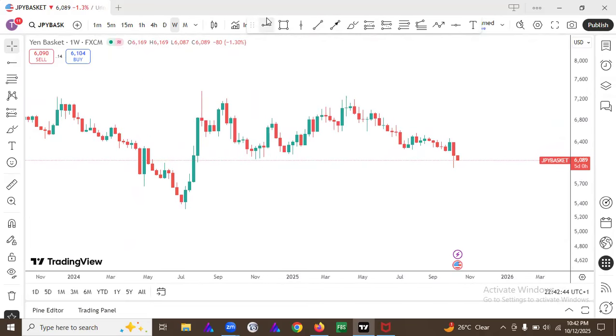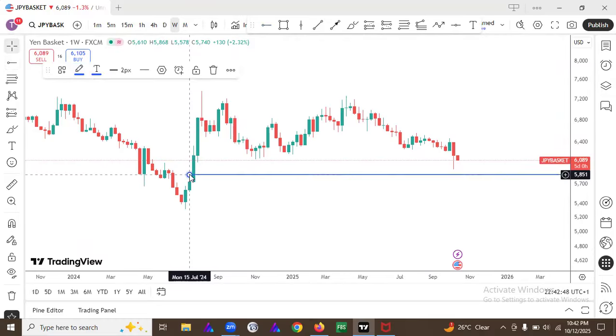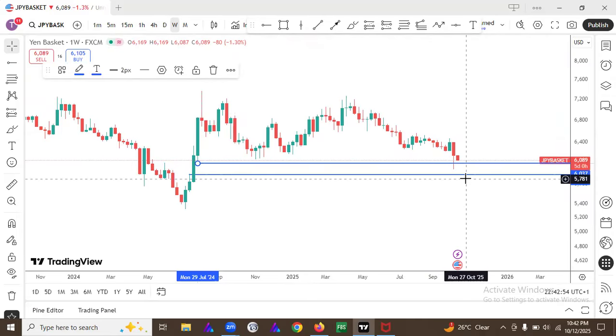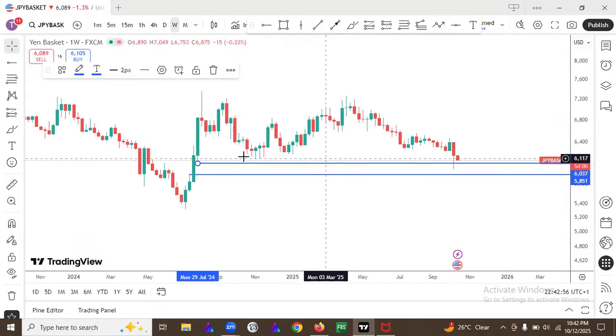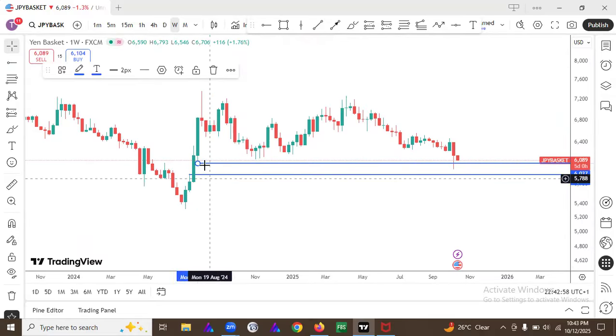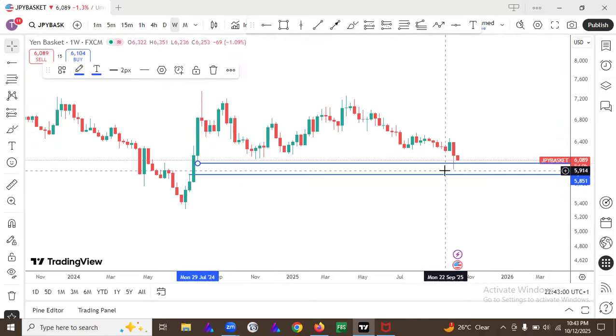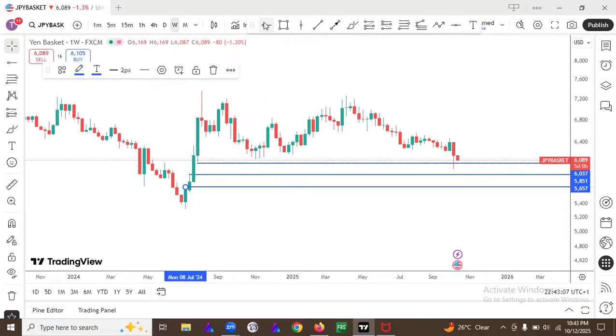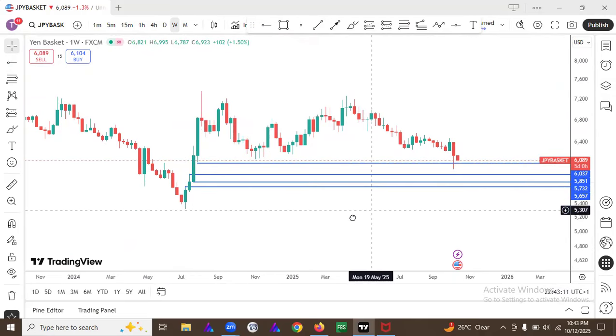Last week, the candle closed strongly bearish, but towards the end of the week, buyers came in and pushed the price up a little. It was a strong rejection, you can see. Price tapped into this fair value gap and we had a strong rejection. And as you can see here, we still have this fair value gap that has not been filled. So there's a high probability yen is going to fulfill this fair value gap this week.